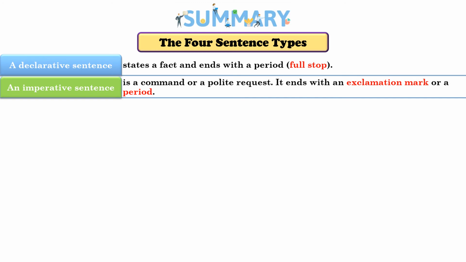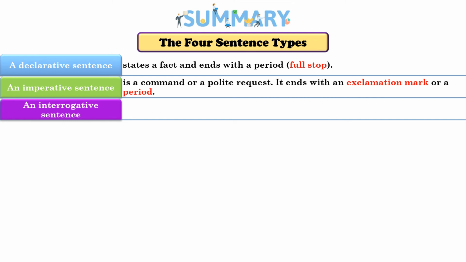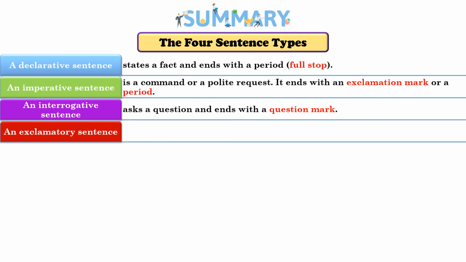It ends with an exclamation mark or a period. An interrogative sentence asks a question and ends with a question mark. An exclamatory sentence expresses excitement or emotion. It ends with an exclamation mark.